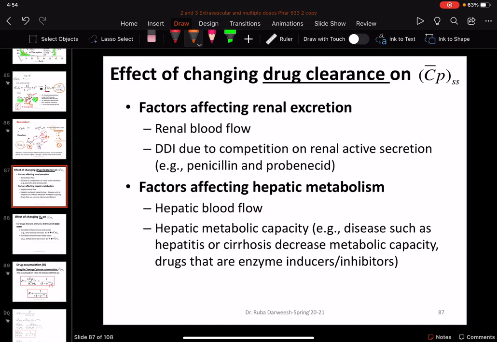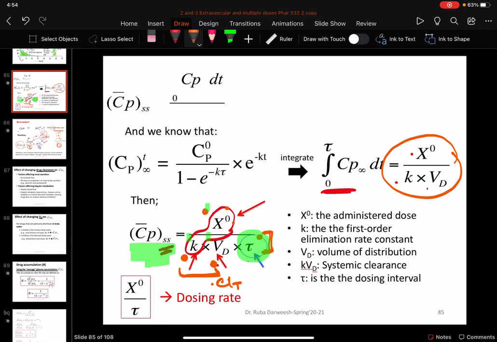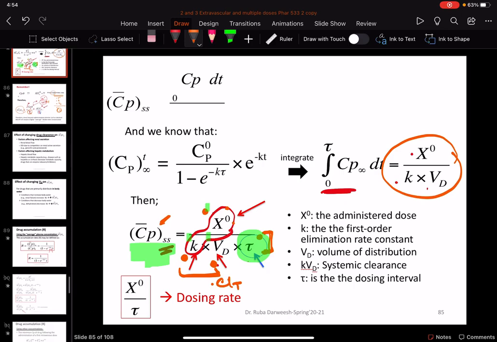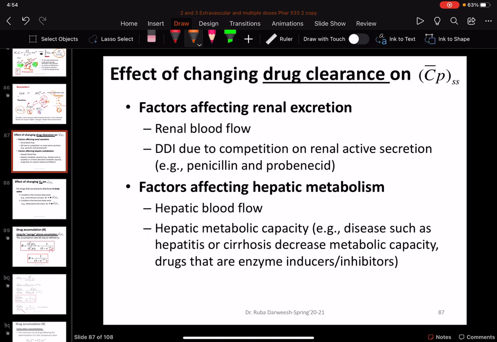We have again the factors affecting it: the clearance, K, VD, dose, and tau. Okay? So changing any of those parameters would affect at the end the steady state concentration. Okay, so let's talk about those factors. So if I want to change the drug clearance, which is the total clearance, again, we know that this could be related to the renal excretion or hepatic metabolism or the metabolism in general.